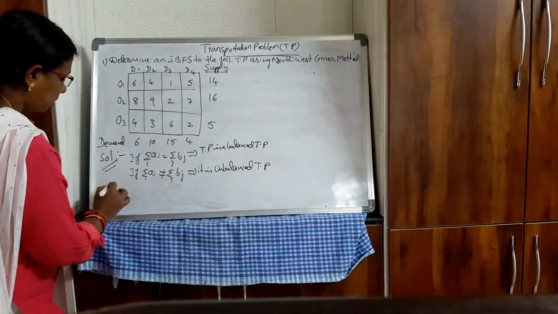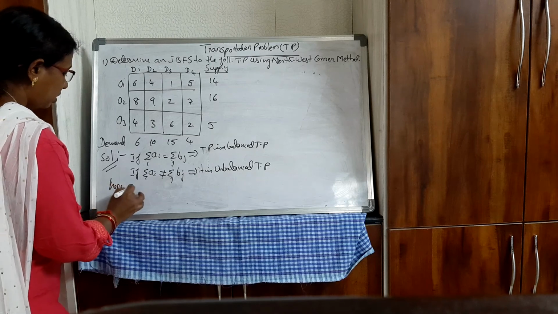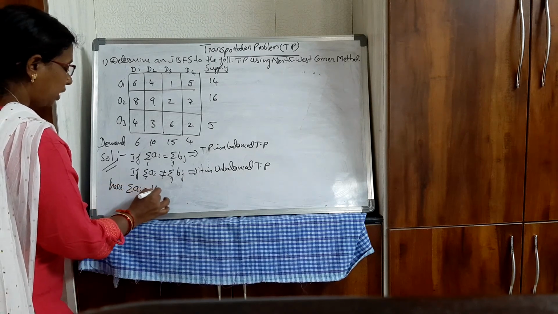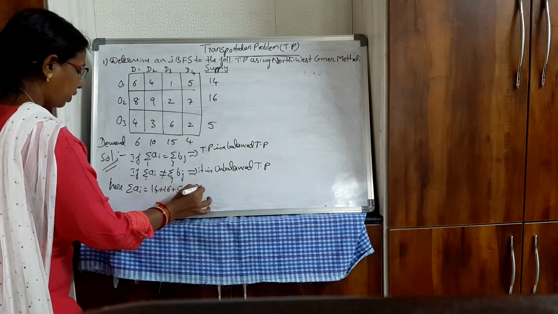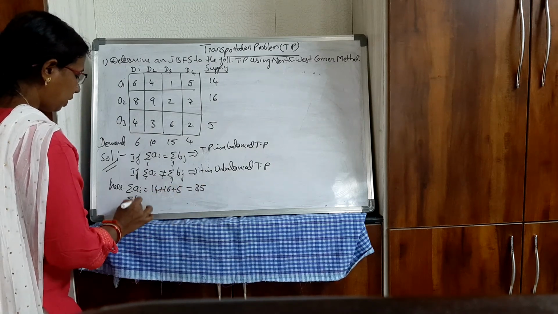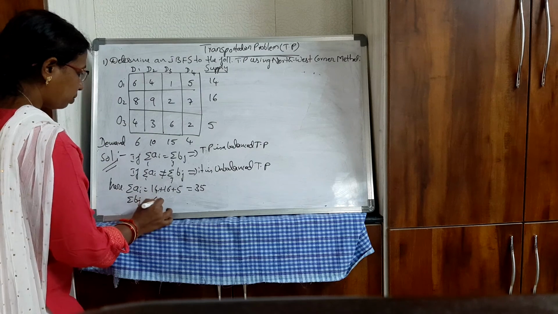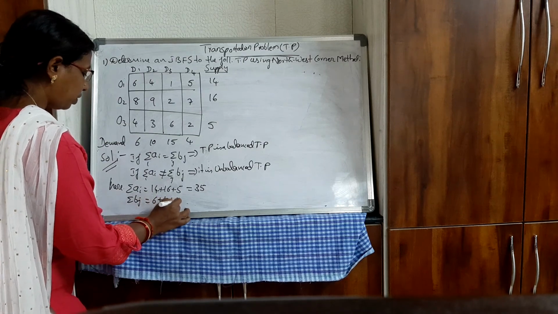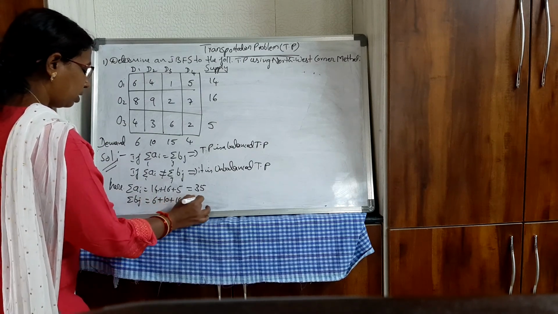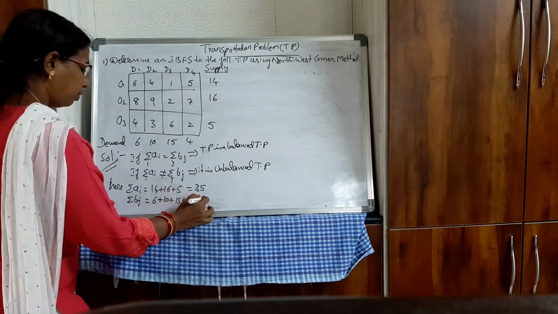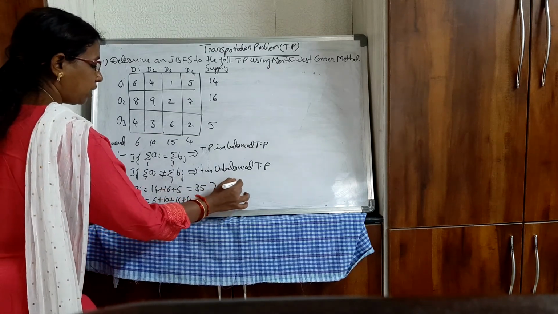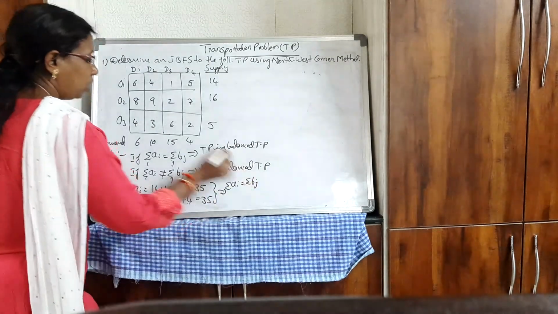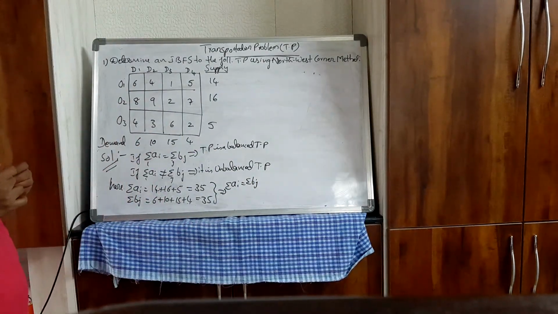So here summation Ai is equal to 14 plus 16 plus 5, which is 35. Similarly, summation Bj is equal to 6 plus 10 plus 15 plus 4, which is 35. So it implies summation Ai is equal to summation Bj, so it is a balanced transportation problem.